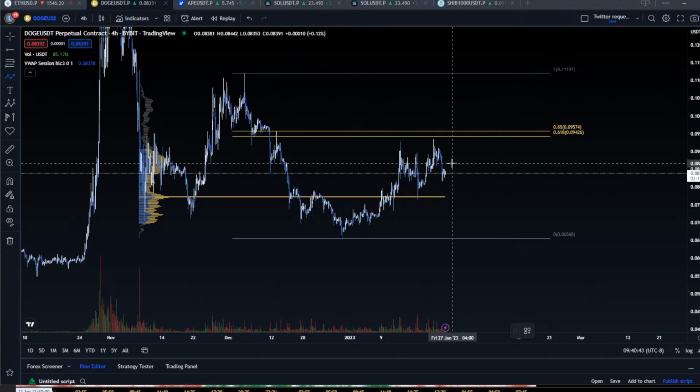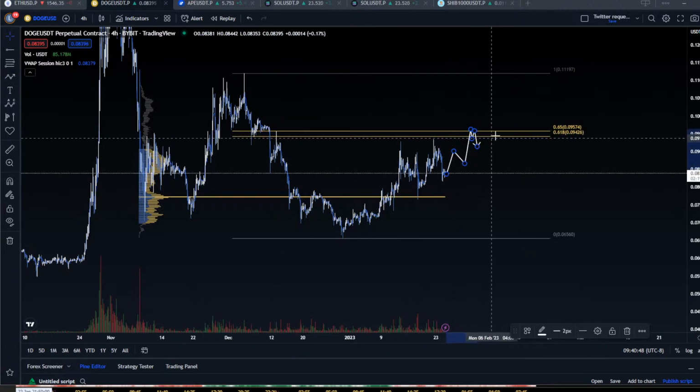Give me a swing failure into the golden pocket, it's always a short setup I'd consider.